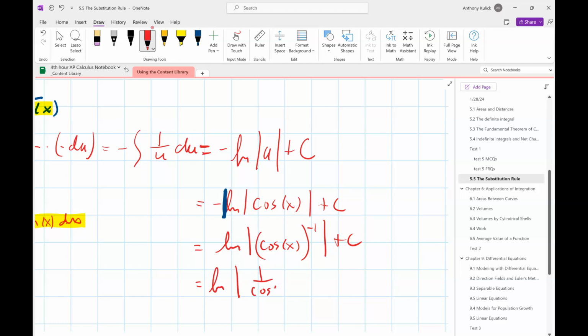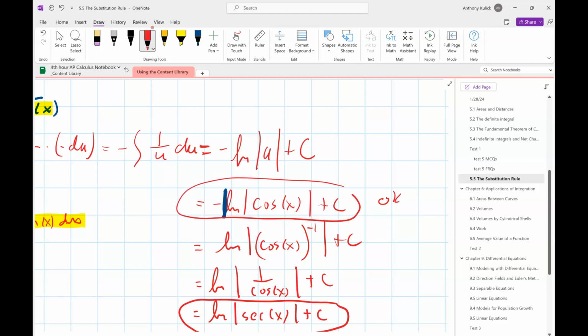Okay, 1 over cosine, which is secant. This would be okay for me, but I'd assure you on a multiple choice test, that would not be one of the selections.